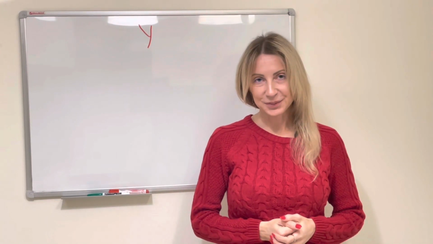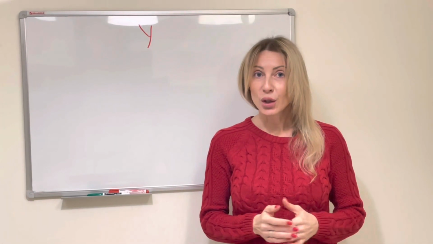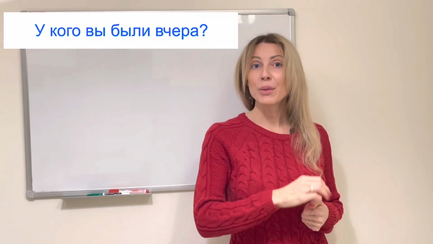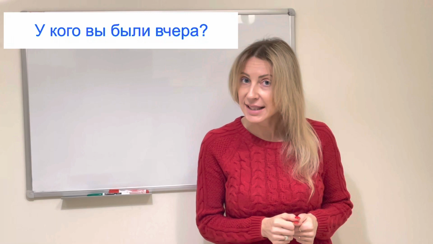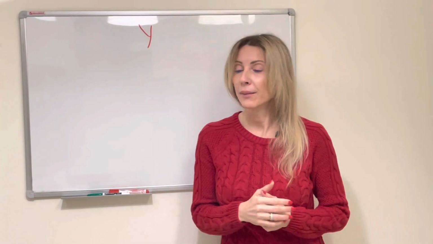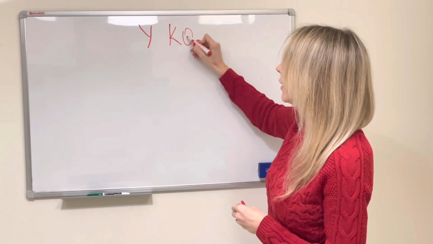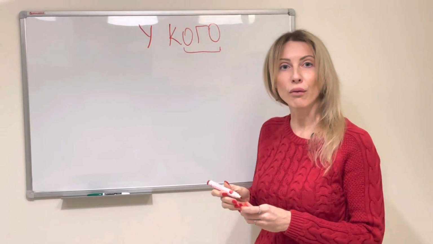Итак, so the preposition У is used to denote the place where something is happening. У кого вы были вчера? At whose place were you yesterday? У кого? It looks like У. Кого? Don't forget pronunciation of this part: ово.